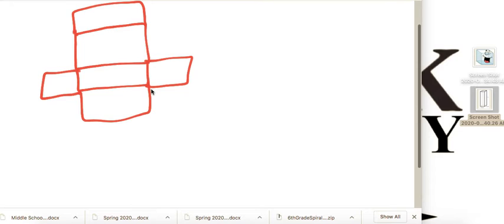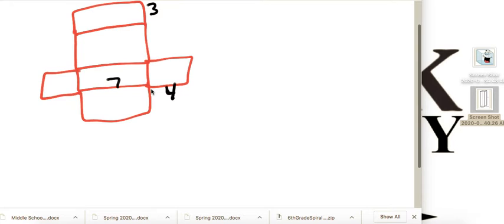Okay, so here's my shape, and then they might do something like this. They might put like 7 here. They might say this is 3. They might say this is 4.